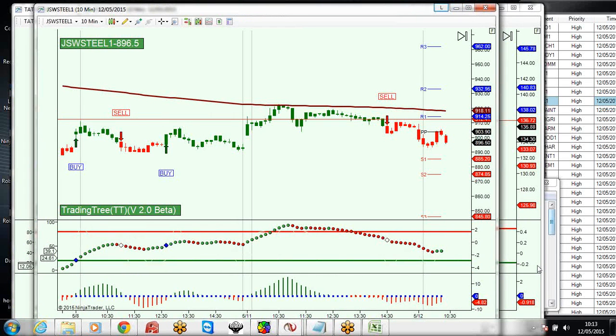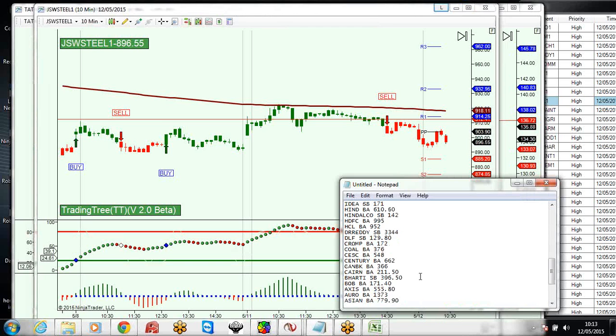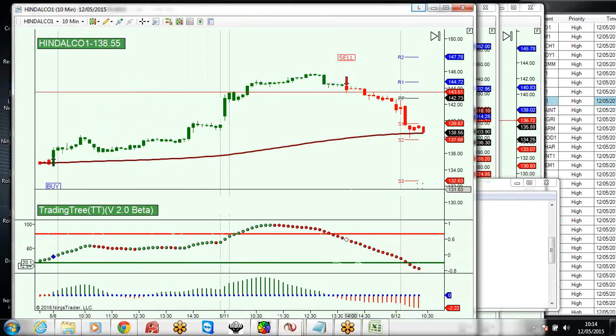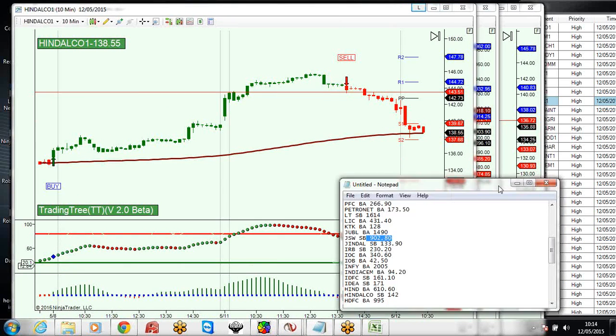That also we had a price of 902.80. It is 896 now. And you can even see Hindalco. So it's at 138. We shorted it at 142. Now it is at 138.50.